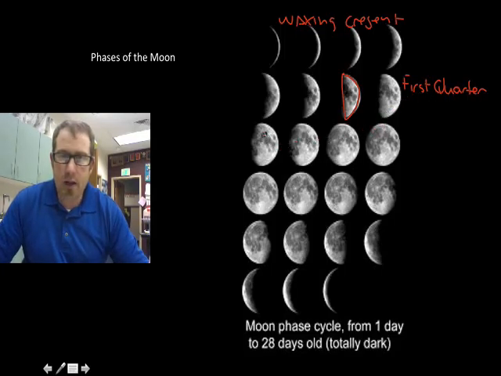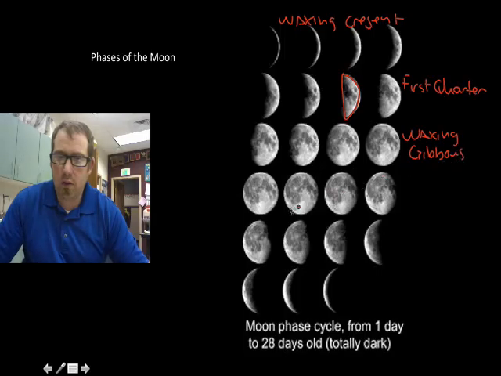And then over here, we're getting bigger and bigger. We would call that a waxing gibbous. This is the full moon.